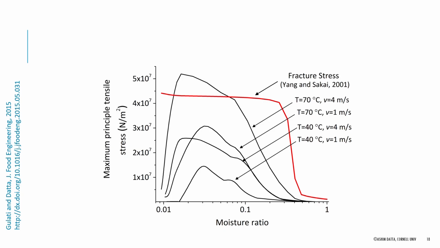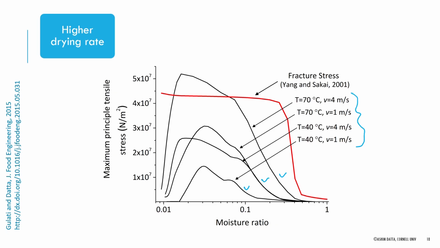So the four black lines, this one, these two, and this one, they are for four different drying conditions. And the red line, on the other hand, corresponds to a fracture stress above which a material can crack.